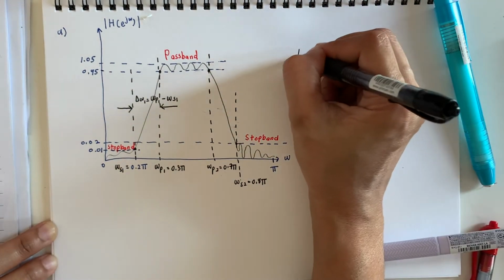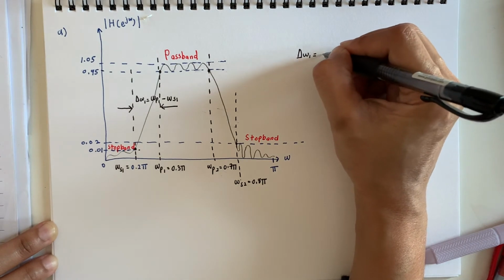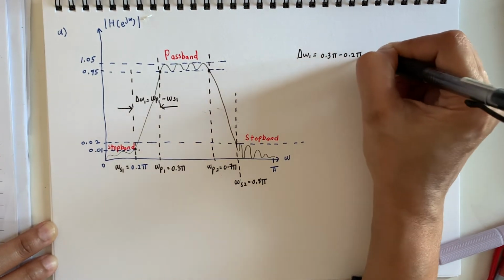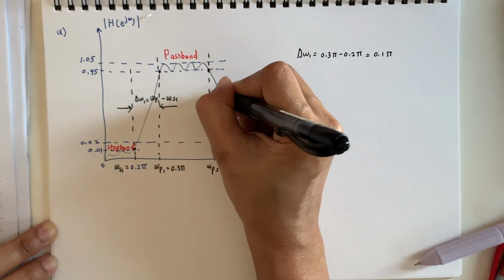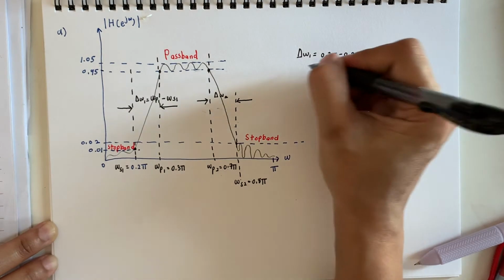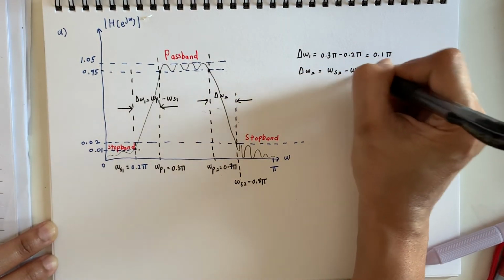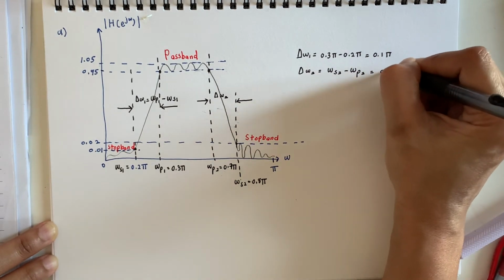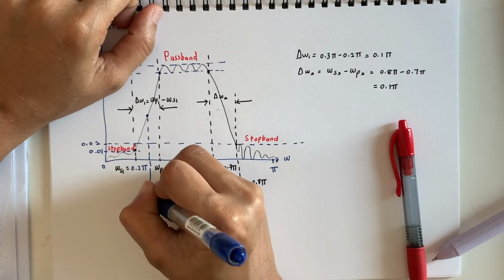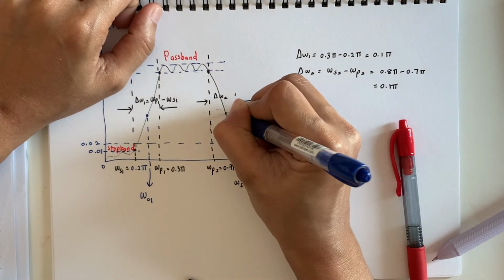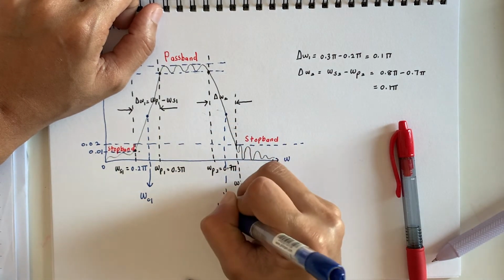Then delta omega 2 is equal to omega S minus omega P. We also have two omega C values.